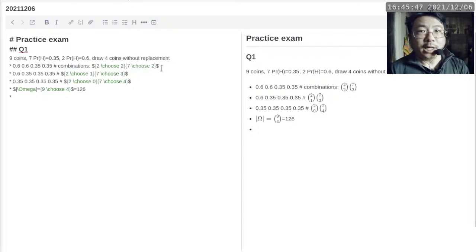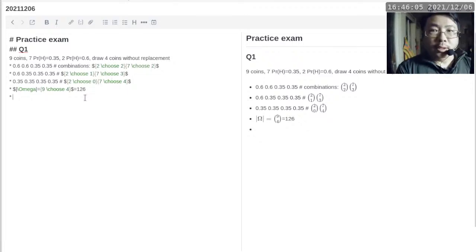Because if you end up with 600 something for one of these numbers, you know that it cannot be the case, because there are only 126 ways of choosing 4 coins out of 9 to begin with. So all of these numbers need to be significantly less than 126. All right. So we got the first portion of the question answered now.